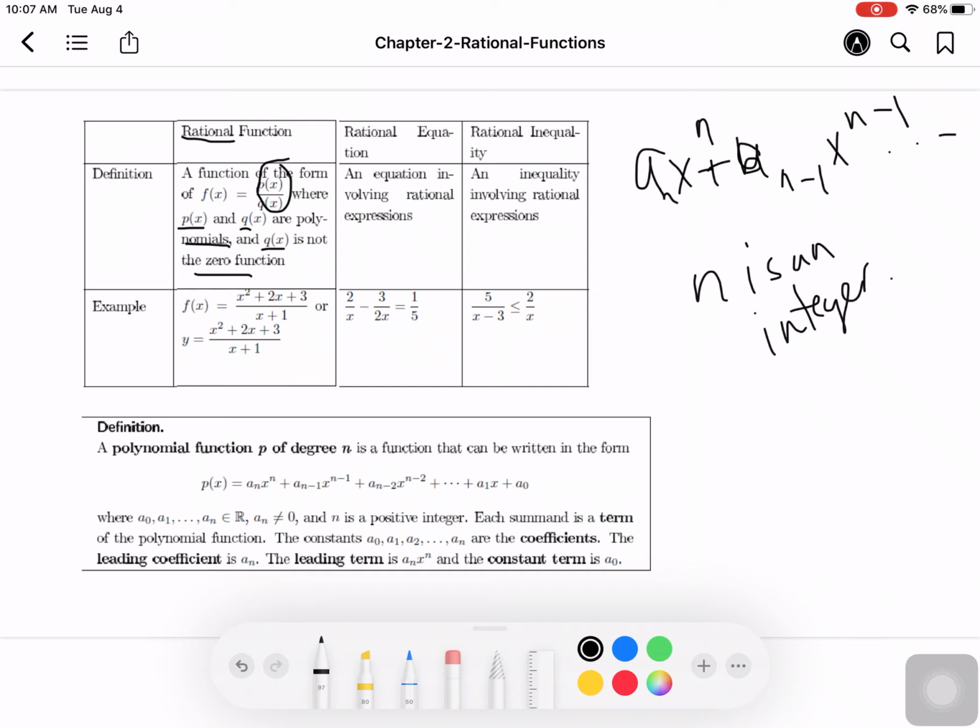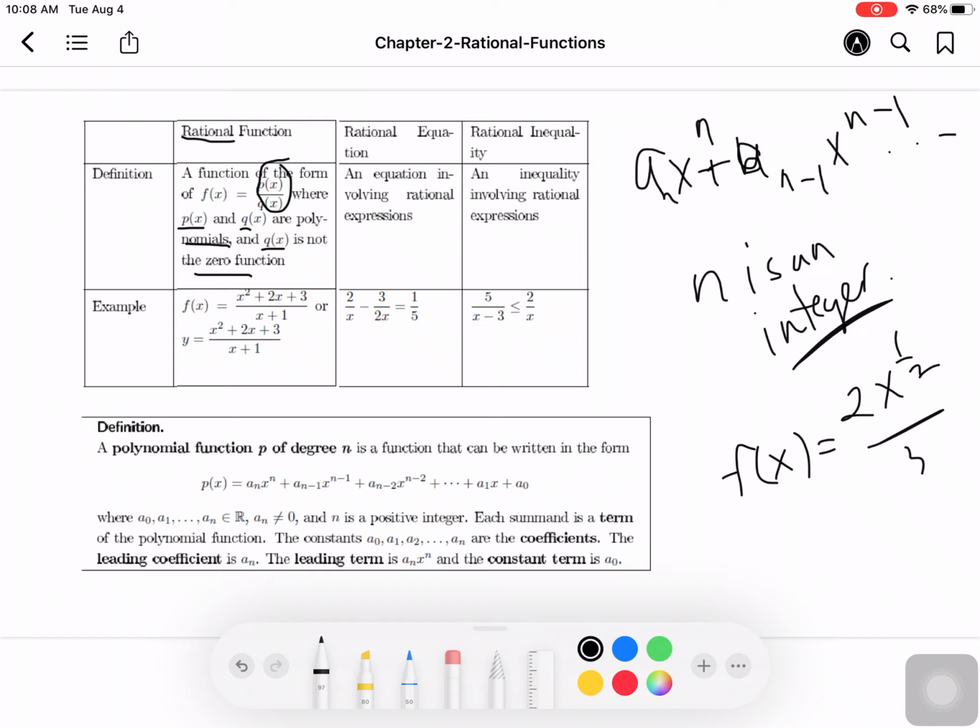So, di pwede 1/2, 1/4, or decimal. Okay, it should be an integer. So, if you have f of x is equal to 2x raised to 1/2 over 3, this is not a rational function because your numerator is not a polynomial with an integer exponent.